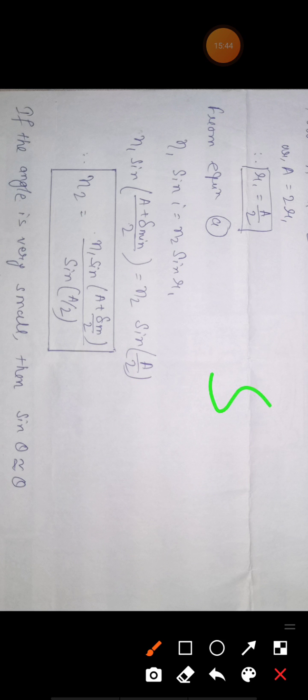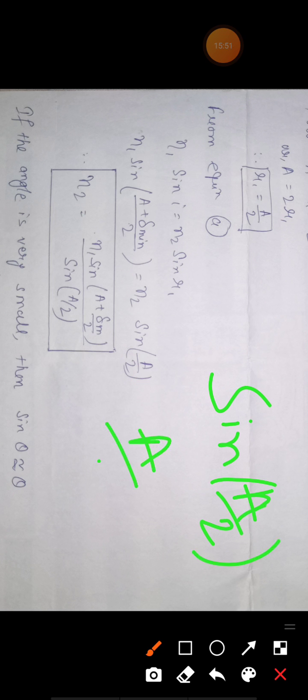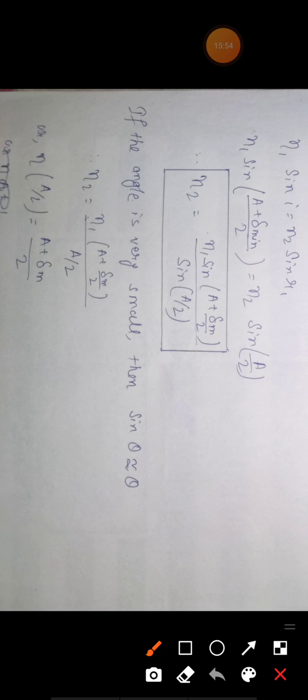In the lower part you have sine of A by 2, and since A by 2 is very small, in place of sine of A by 2 you can write only A by 2. So removing sine, n2 is equal to n1 times (A plus delta minimum by 2) divided by A by 2. Now cross multiply: n2 into A by 2 is equal to n1 into (A plus delta minimum) by 2.